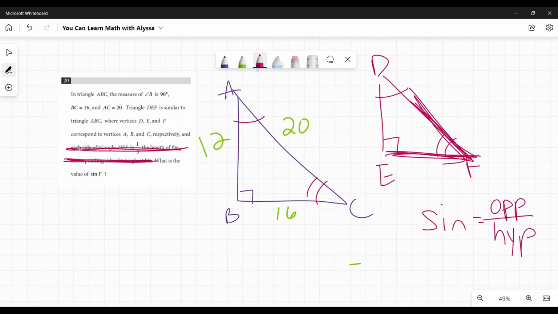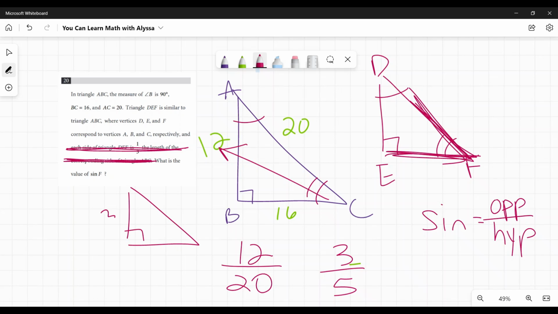The opposite side from C is 12, and the hypotenuse is 20. And you can simplify that down to 3/5, because it was just like a 3, 4, 5 right triangle.